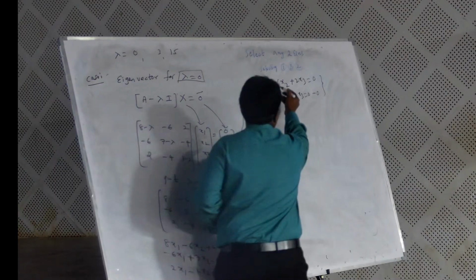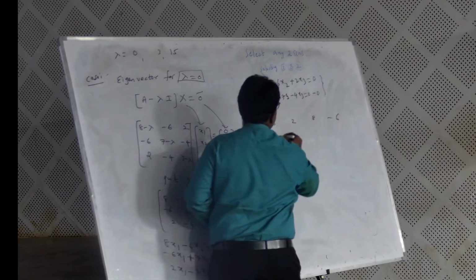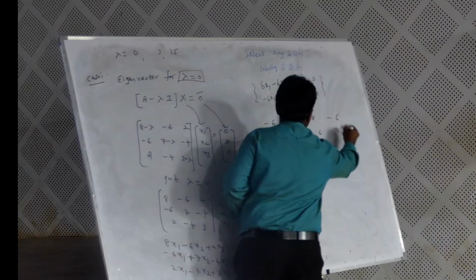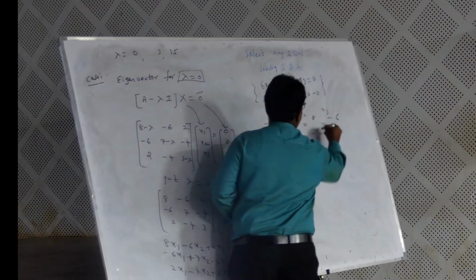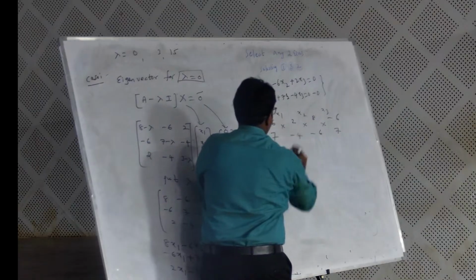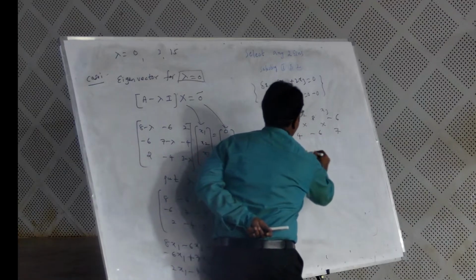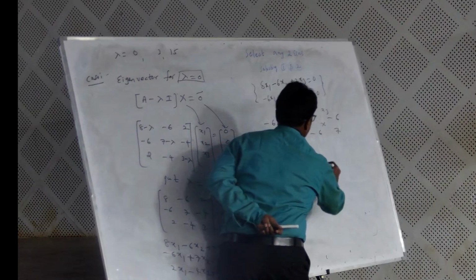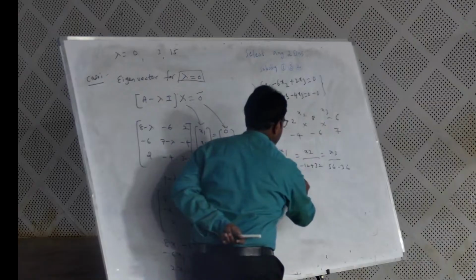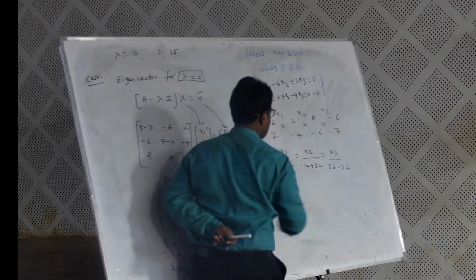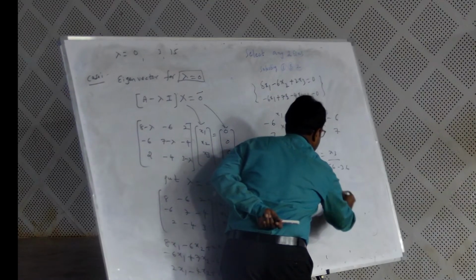Do you remember? Tell me. Minus 6. Next, x1. x1 by minus 6, minus 4. Minus x2 by, x3 by. 24 minus 14, minus 12 plus 32. 56 minus 36.